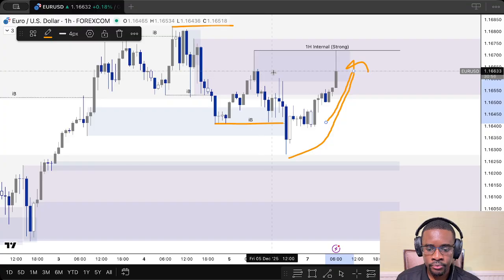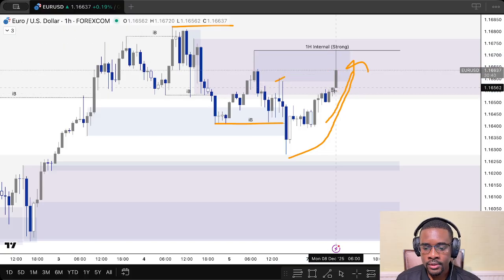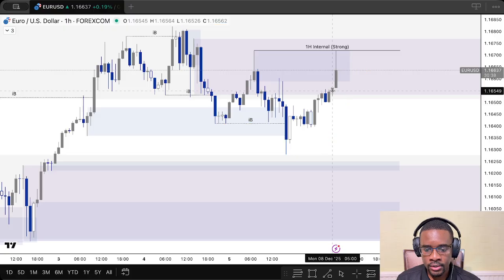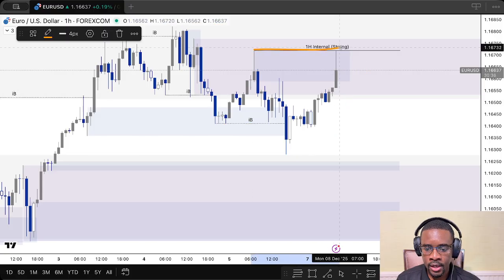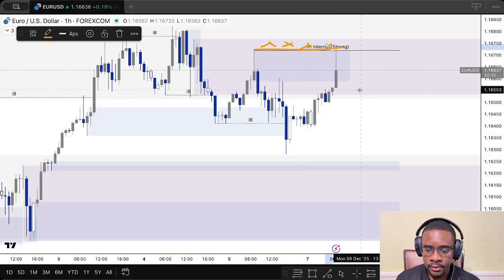So we have mitigated this newly created 1 hour supply, which has already been mitigated, so we would be expecting price to push deeper into that. What has happened is price has created relatively equal highs. So this is liquidity resting up here, and this is likely going to be taken at some point.